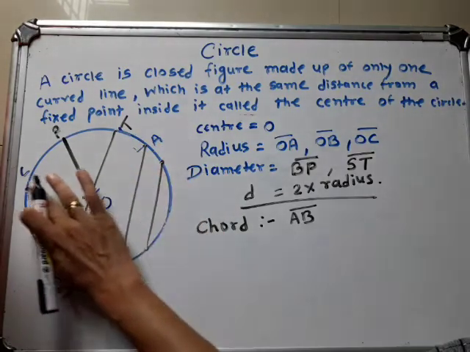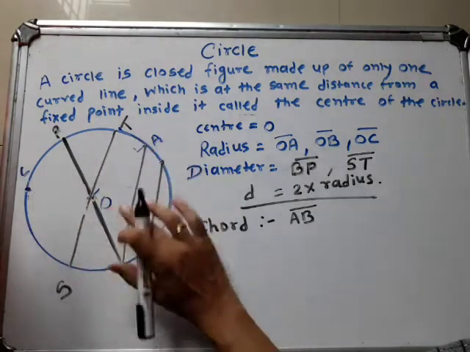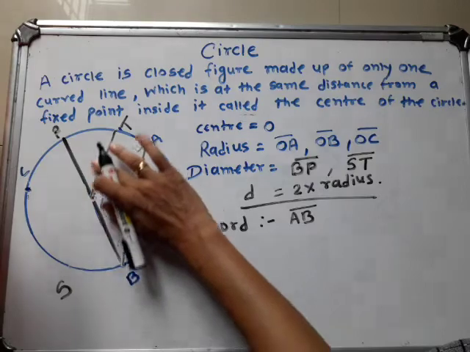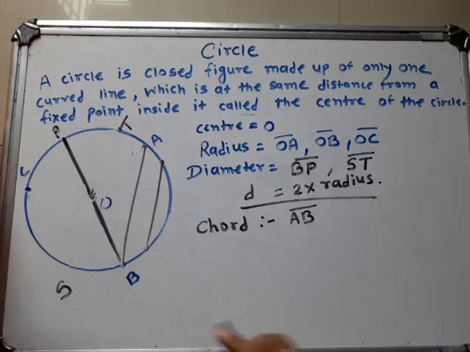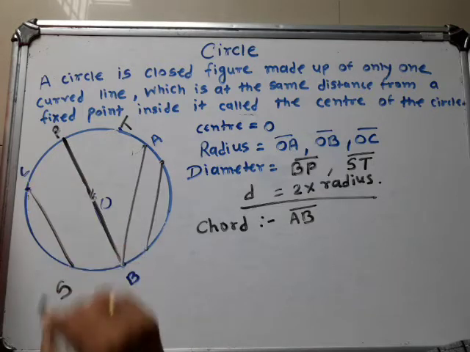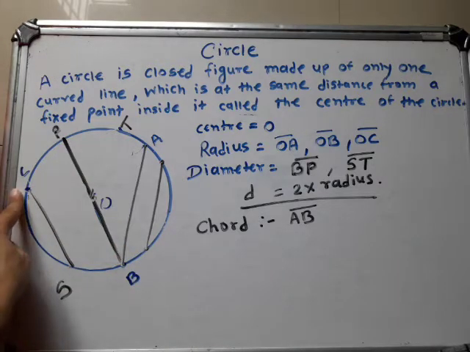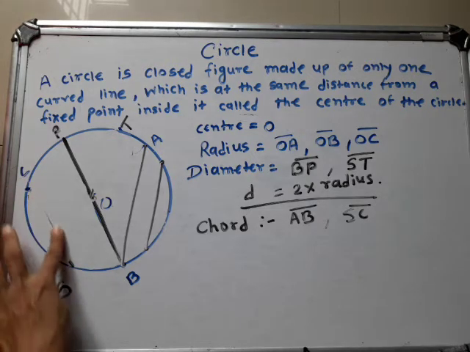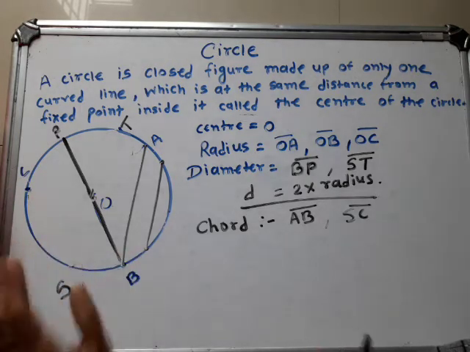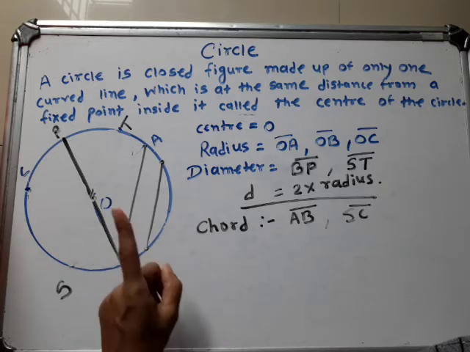It is called a chord. So chord AB. Suppose we join these two points S and C. SC is again called a chord. ये chord और diameter में क्या difference है?